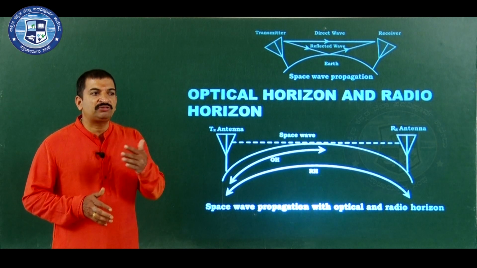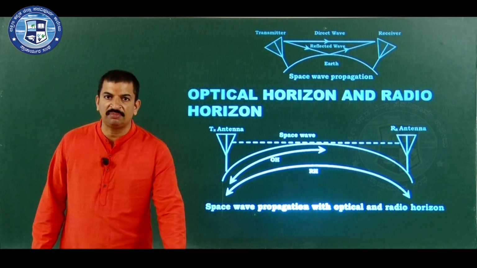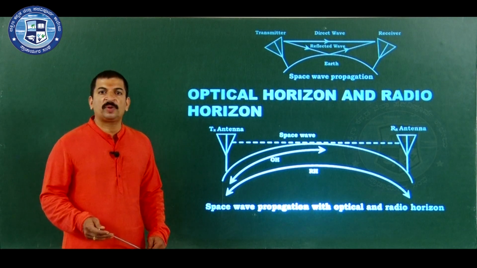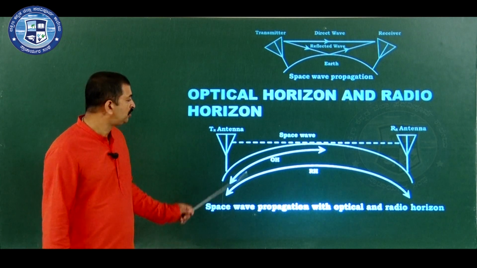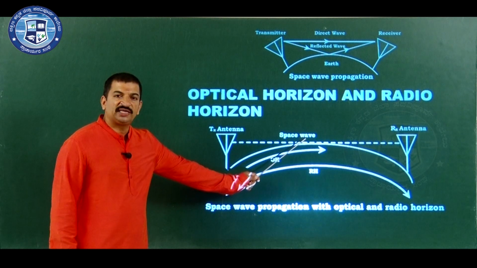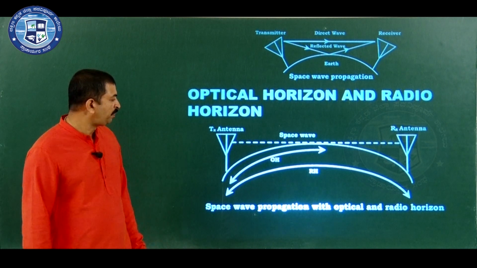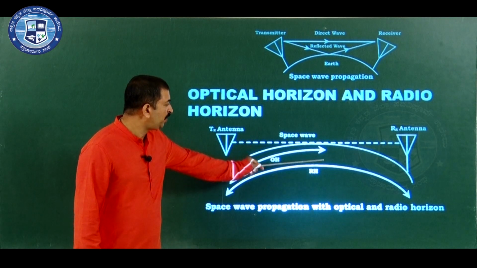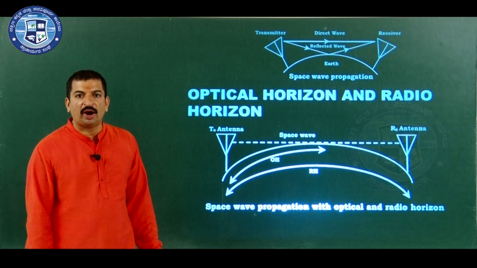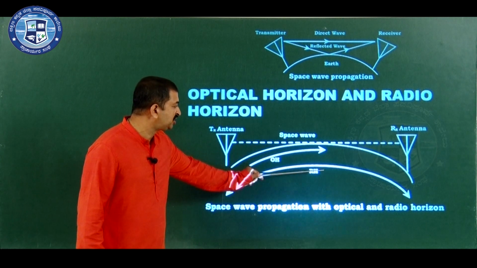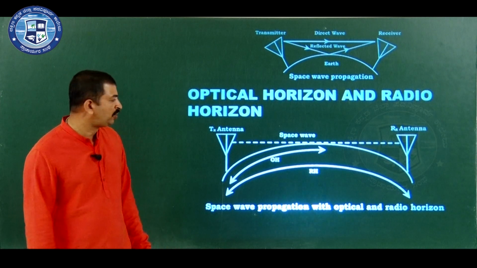So, the space waves can propagate up to the curvature of the earth. The maximum limit for the propagation of the space waves is called the optical horizon. Let me consider the maximum point where exactly the space wave is received.